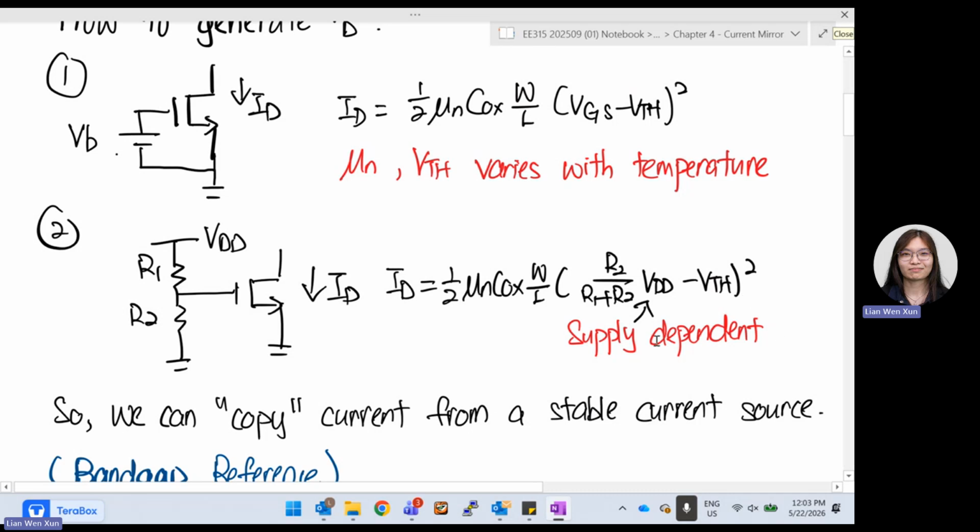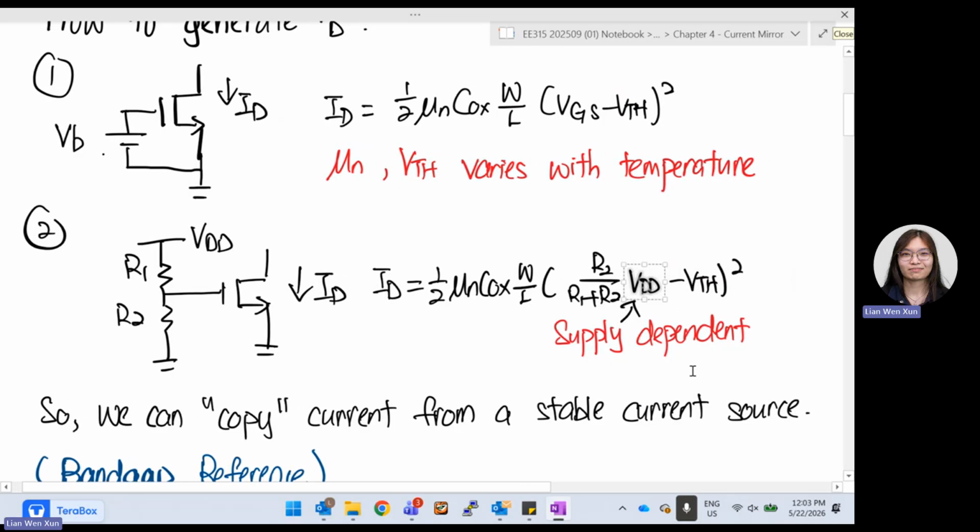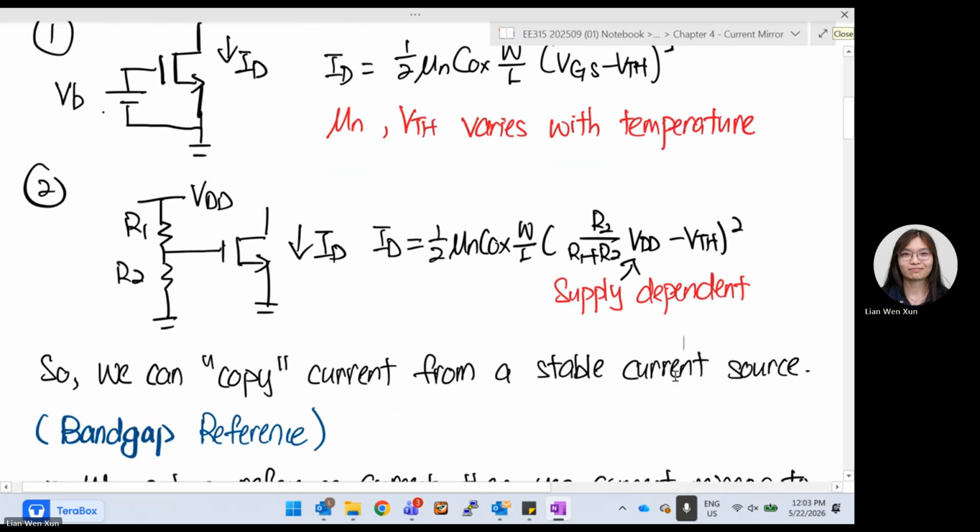But you realize that in this case, I will still have my mu n and VTH. At the same time, I need to care about my VDD. So it's very supply dependent. My VDD needs to supply my drain. My VDD also needs to supply my R1 and R2.